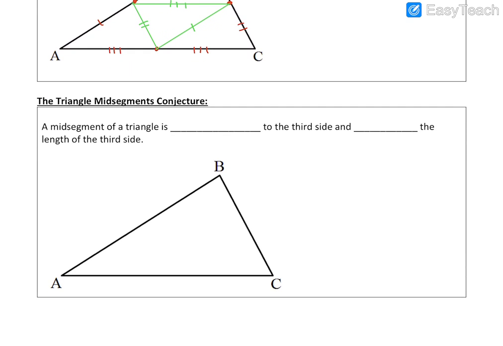The triangle mid-segment conjecture says a mid-segment of a triangle is parallel to the third side and half the length of the third side. So as I was saying, let me find those midpoints. There we go.